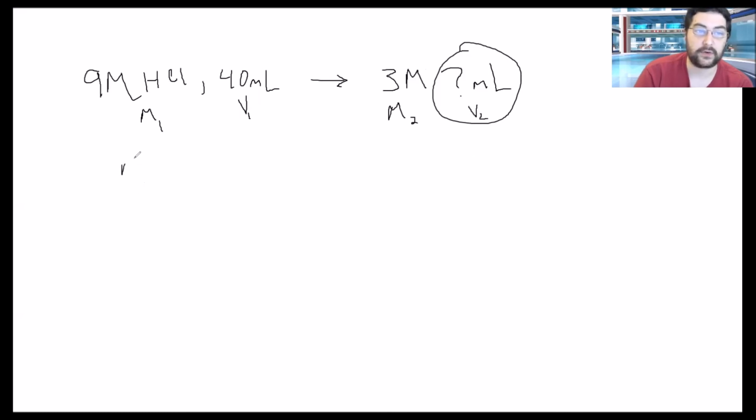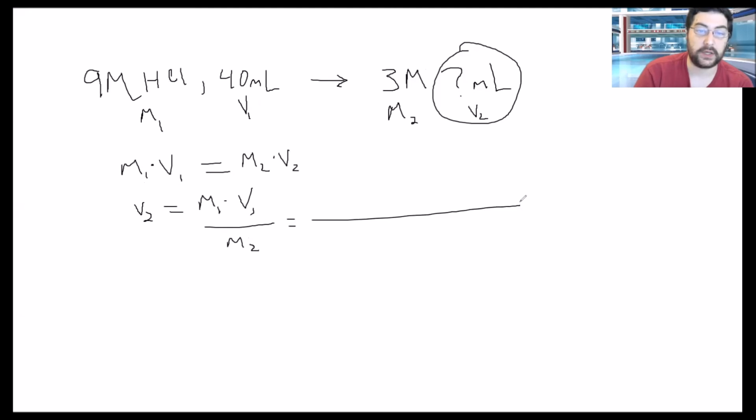All right, so I'm going to start with my original equation, and then I'm going to rearrange it to solve for V2. So V2 is going to be equal to M1V1 over M2. And we just plug in. So looks like we're going to have 9 times 40 divided by 3.